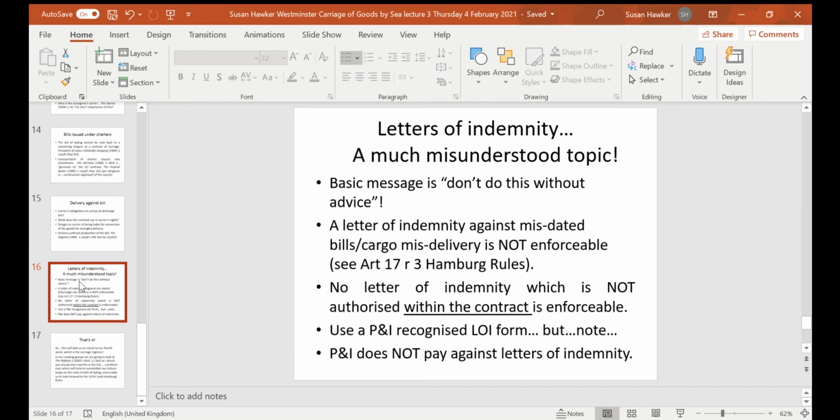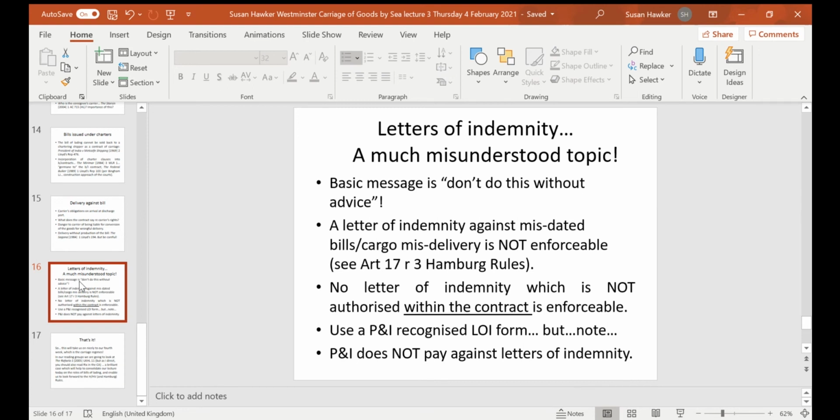That means that when the letter of indemnity is offered, the release of the goods is the lawful consideration given for the promise of the indemnity. It is lawful because it is allowed within the contract.